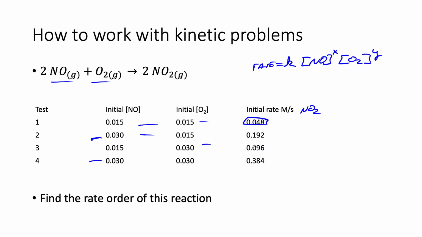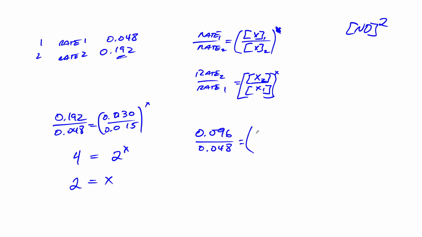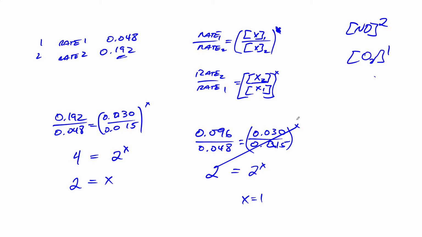And the concentration ratio, this is easy, 0.030 over 0.015, raised to the power. We'll try to find out the power. This is going to be 2, and of course, this is 2 raised to the x. So x is equal to 1. So the rate order of oxygen is going to be first.